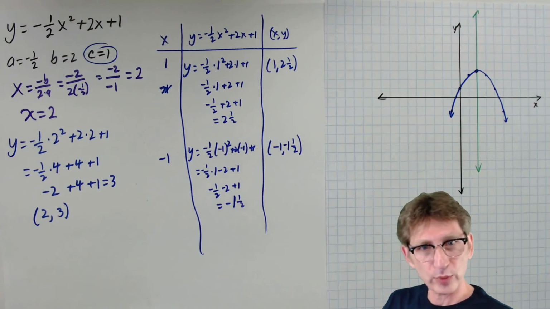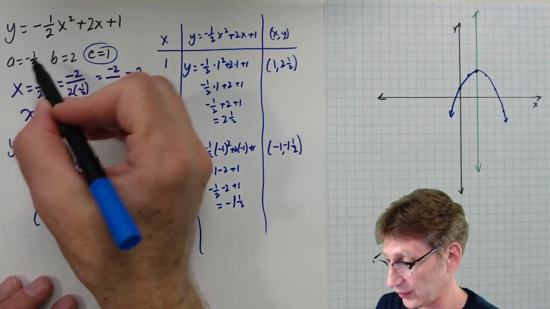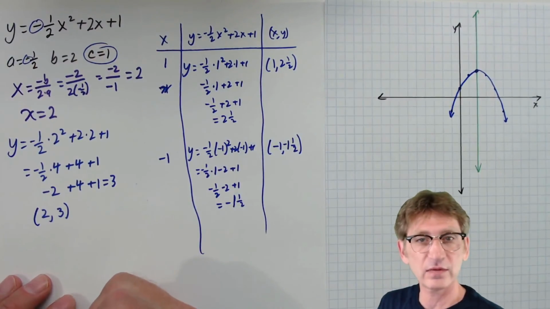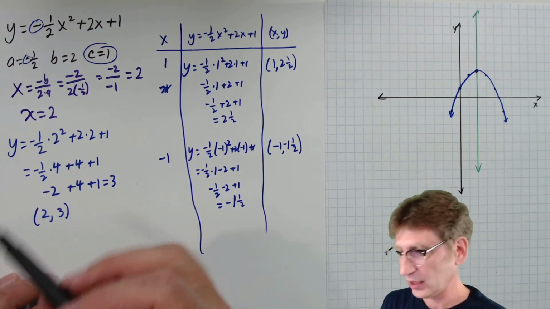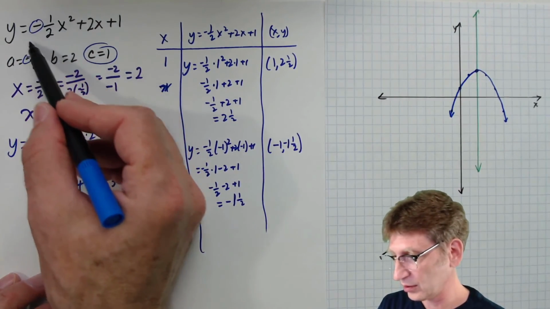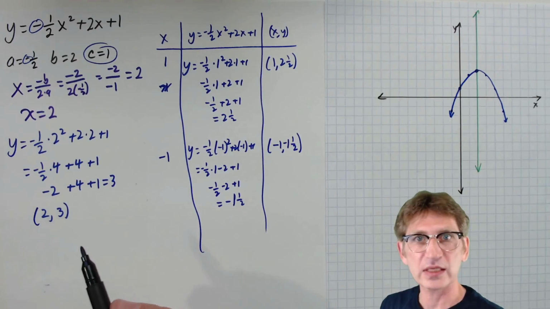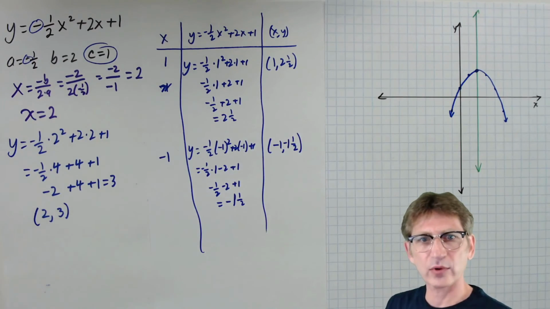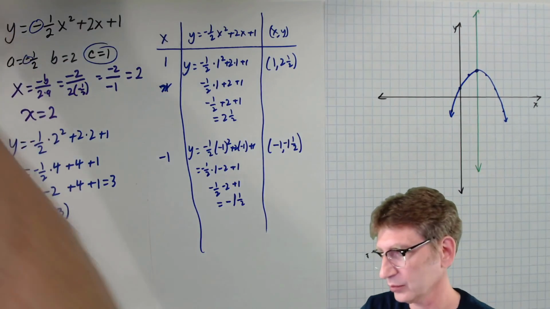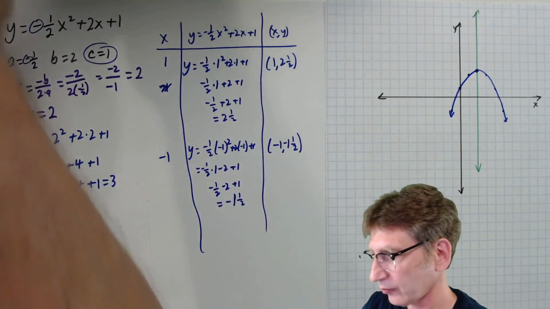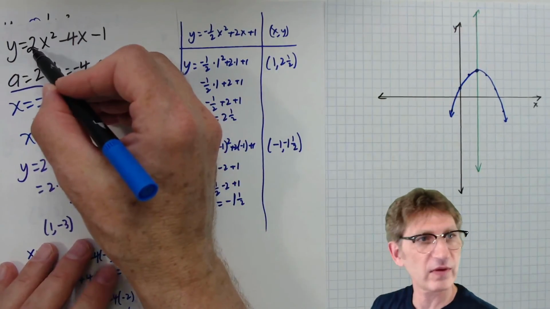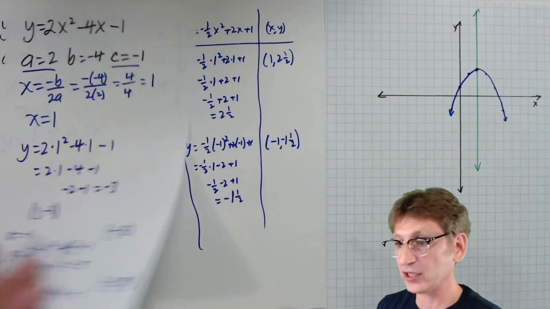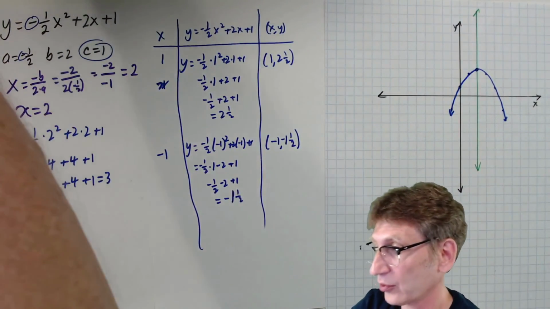You'll also notice it opens upside down. That's a result of the negative for the a value. So if the a value is negative, the parabola will open upside down. If the a value has an absolute value between 0 and 1, we're going to have a wider parabola with a shrink, as opposed to this one where the a value had an absolute value bigger than 1, we had a stretch, a narrower parabola.